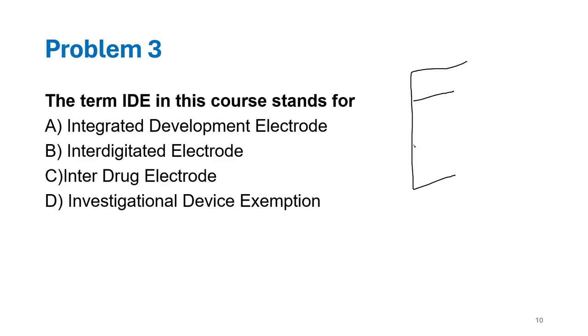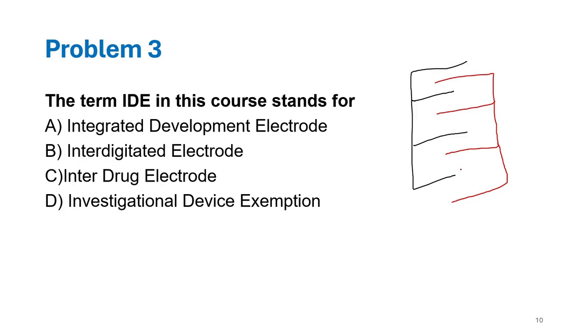It has two pairs of finger-like electrode arrays. The individual electrodes are also called digits.